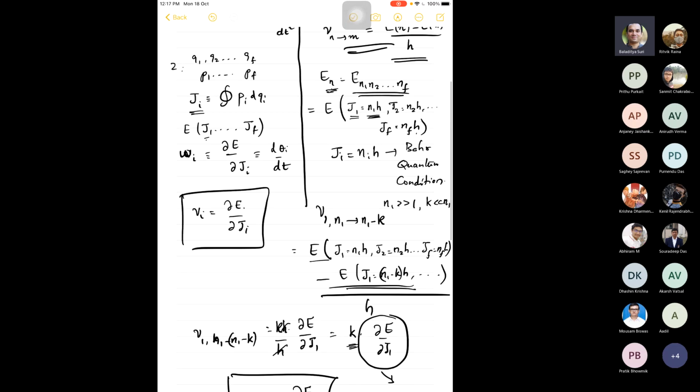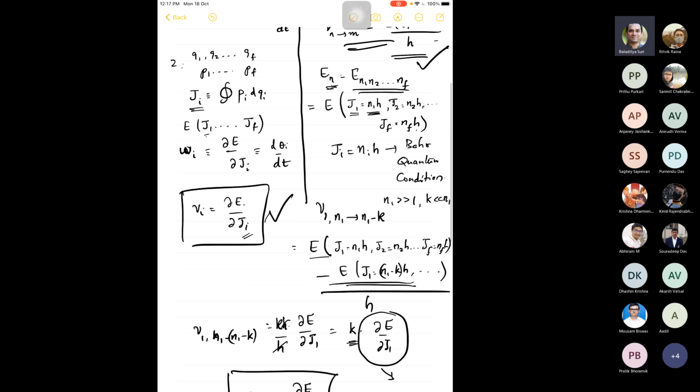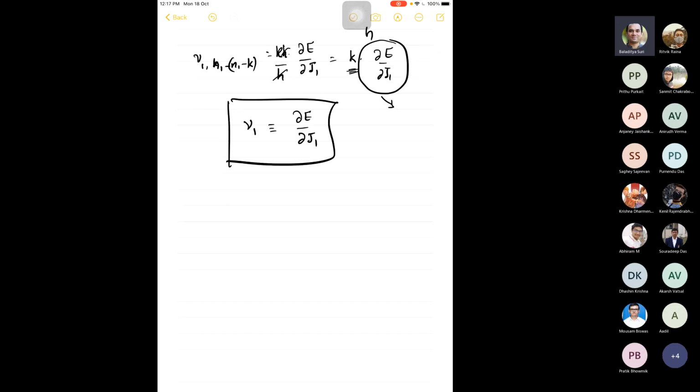So this is the quantum formula, and this is the classical formula, and I just showed you that this formula agrees with this in the large quantum limit. And similarly, it's not just the frequencies. Let's go back to the table again, classical and Bohr.